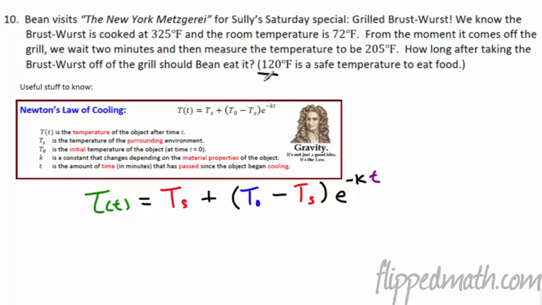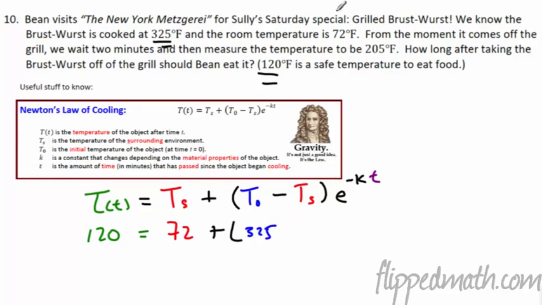We want it to be 120 degrees. That's going to be the temperature at time t. So the temperature at time t is going to be 120 degrees. The surrounding temperature is still 72 degrees. We want to add to it the initial temperature. It's still coming out at 325 degrees.